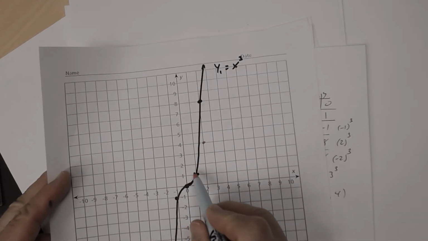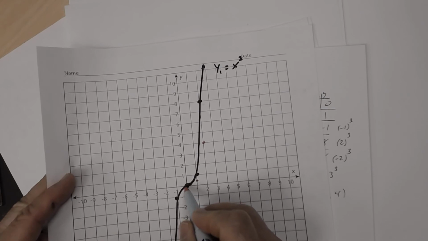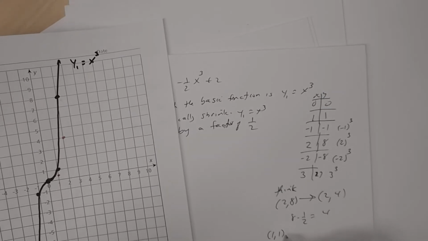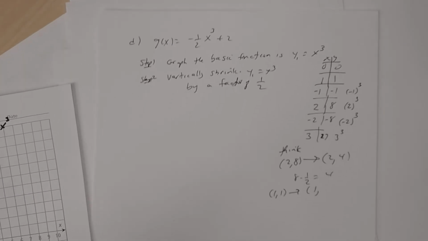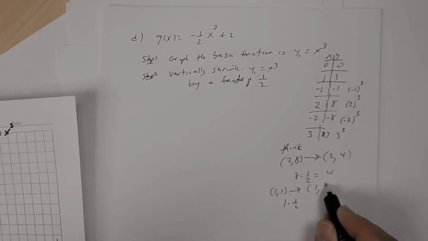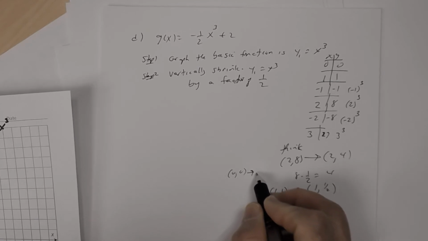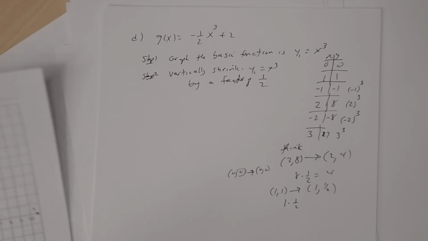All right. If I have the point 1, 1, the point 1, 1 becomes what point? 1, 1/2. Remember, 1 becomes 1, and 1 times 1/2 is 1/2. And then 0, 0 stays 0, 0 because 0 times 1/2 is still 0, right?